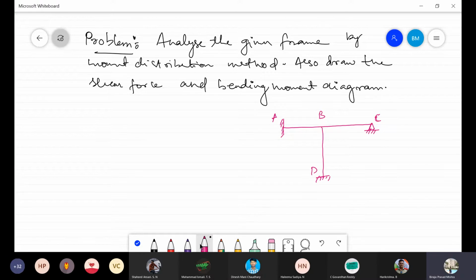No. So now it is time for the loading. So here we have a load of 100 kilonewton. Next we have a UDL of 20 kilonewton per meter, and this is 3 meters.